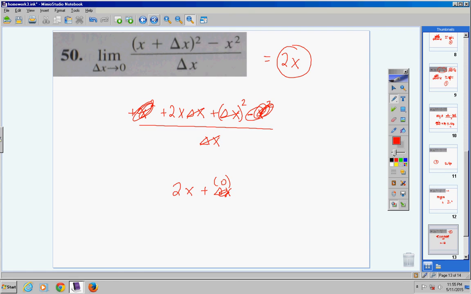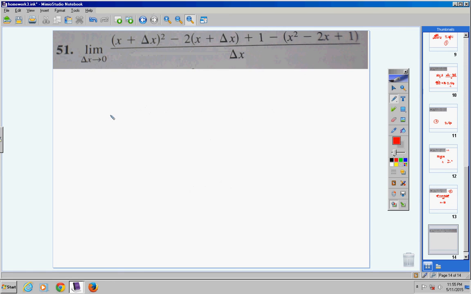Here we go. Number 51. Alright, now, it looks like a lot more work than it actually is, okay? First of all, let's take this expression here, let's simplify it, okay? So I have x plus delta x squared, which means x plus delta x times x plus delta x. So take your x here and multiply it through.